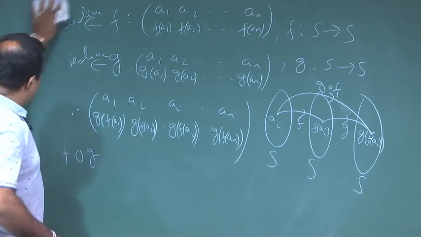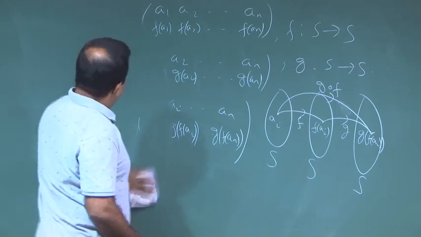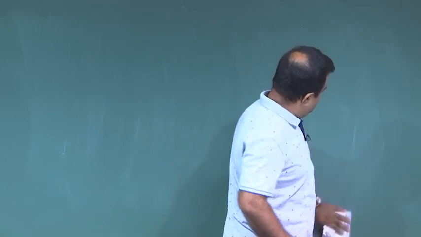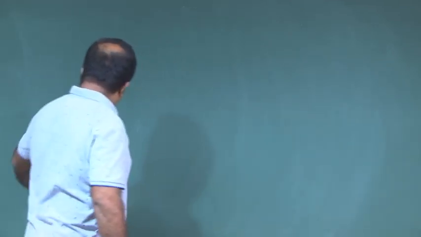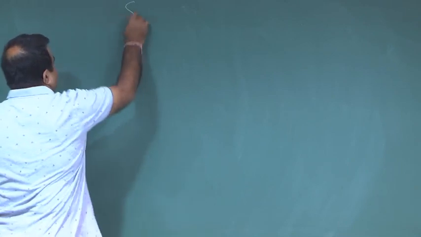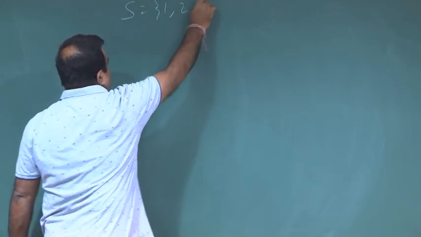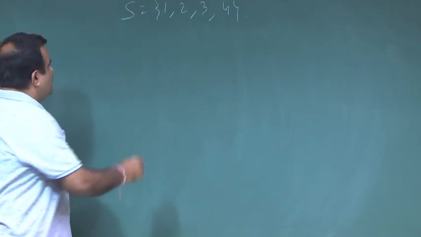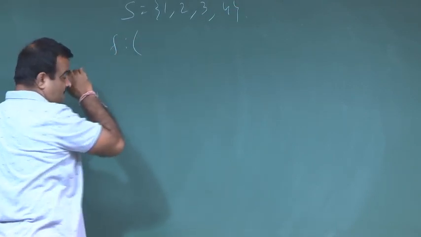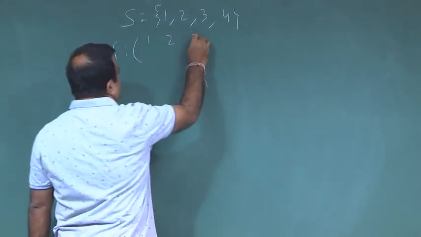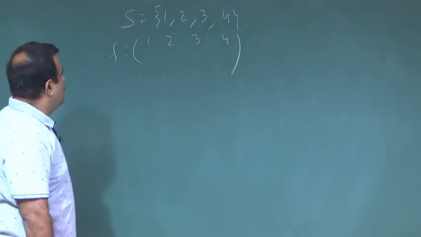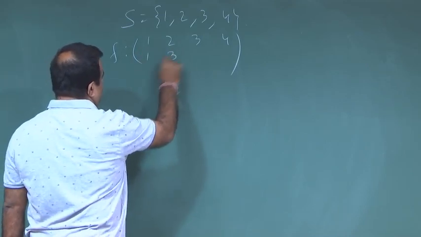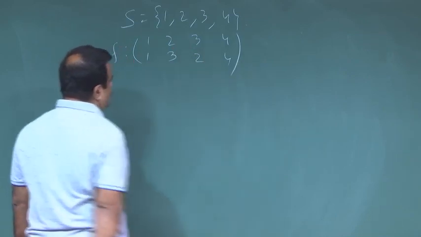So, let us take one example on composition. Suppose we have a set S with four elements 1, 2, 3, 4. Now, suppose we define two bijective functions, basically two permutations. Say f: 1 goes to 1, 2 goes to 3, 3 goes to 2, 4 goes to 4.